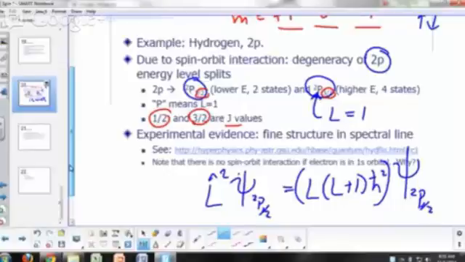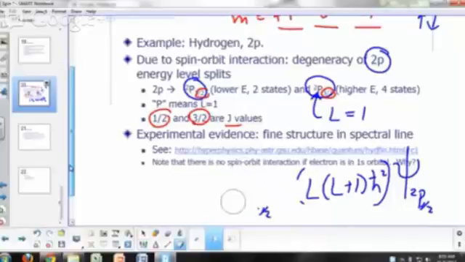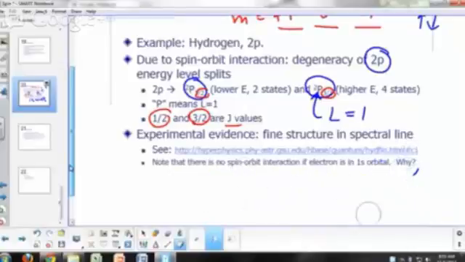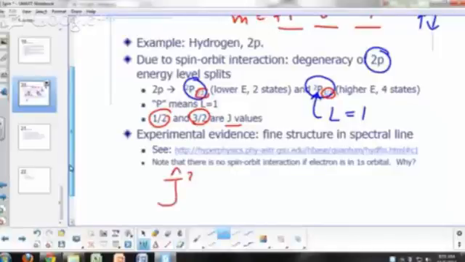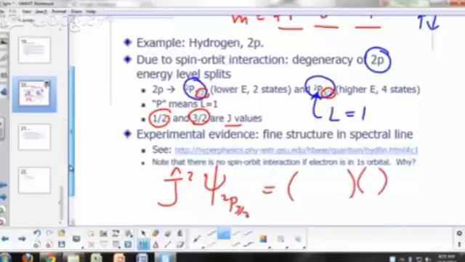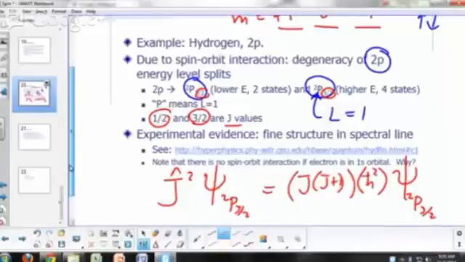So for example, if I were to say J squared psi for the doublet P3/2, what would be your eigenvalue? It's going to be J times J + 1 h bar squared.